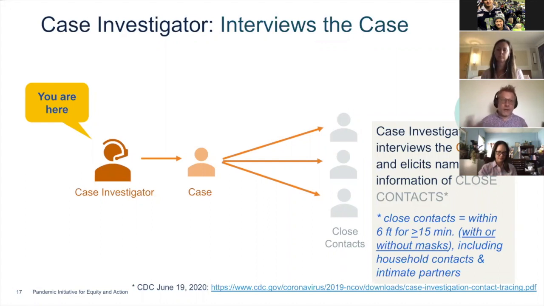But actually, over the course of 24 hours, that 20 minutes does meet the criteria for close contact. So I hope that makes sense. So the first step, as is illustrated here, is in the process of interviewing the case to identify who the close contacts are. Next slide.